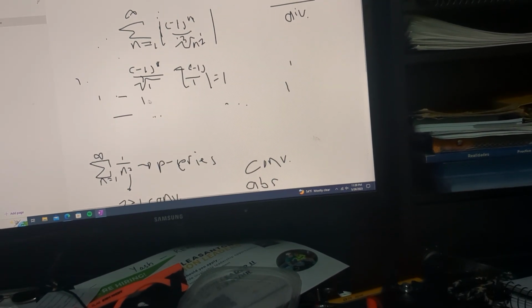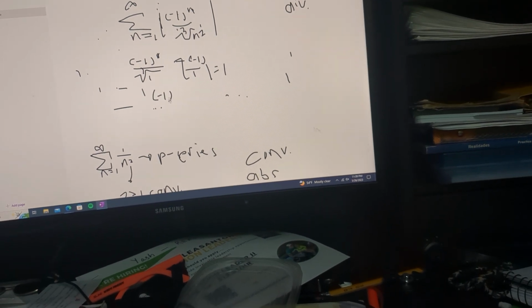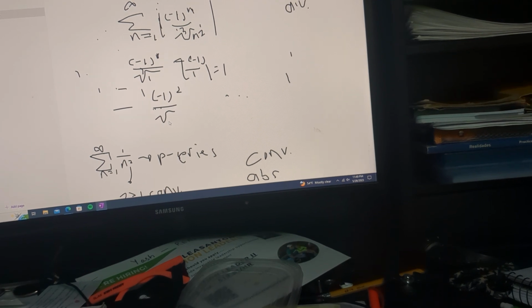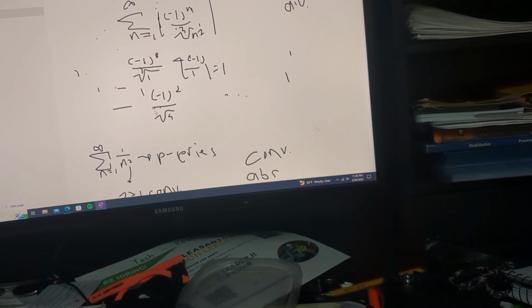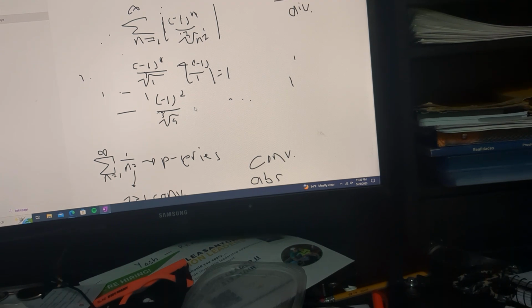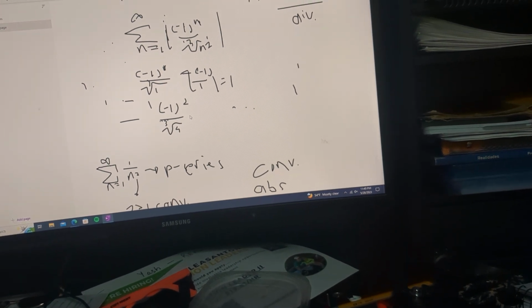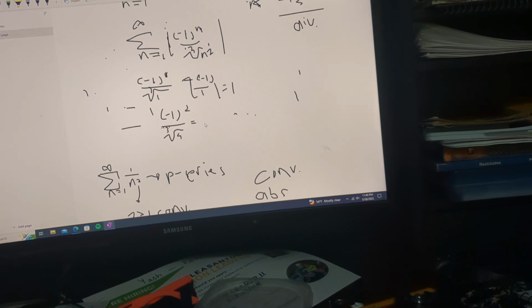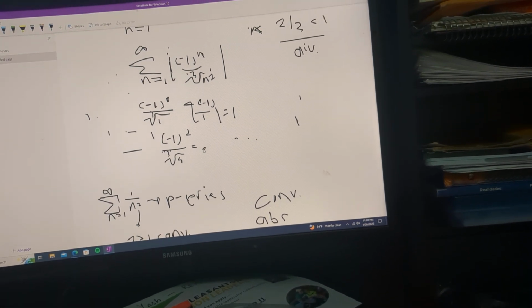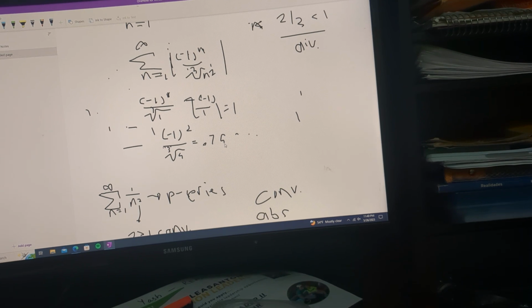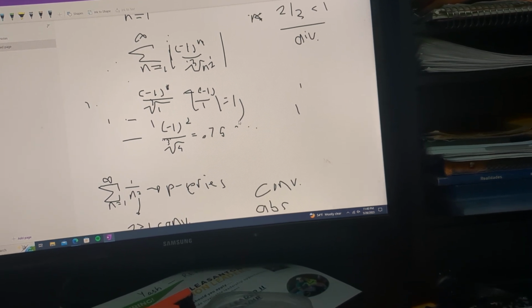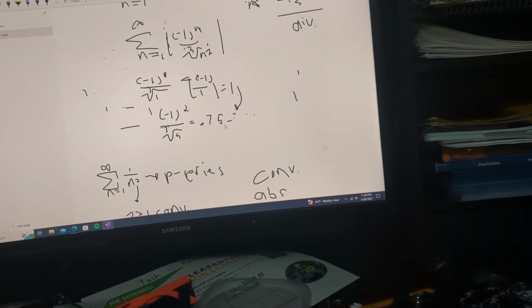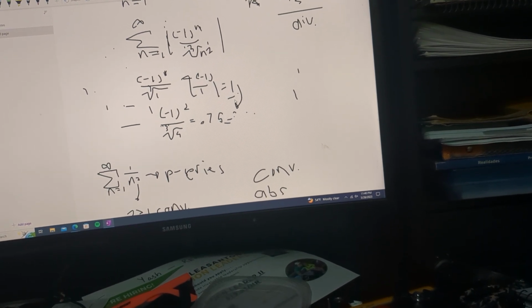Now we could do that same thing with -1 to the power of 2 over the cube root of 4 cubed, and on calculator we are going to get about 0.75. So we can see that 0.75 is obviously less than 1.